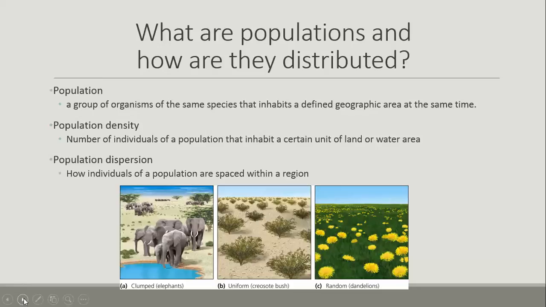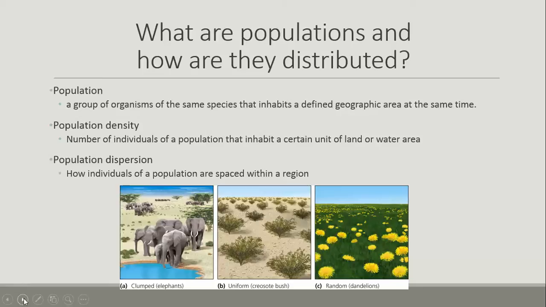One of the things about clumping, a couple of things you need to remember. The resources that a species needs vary greatly in availability from place to place. So the species will tend to cluster in areas where the resources are available. And secondly, individuals moving in groups have a better chance of encountering patches or clumps of resources like water or vegetation than they would searching for the resources on their own.